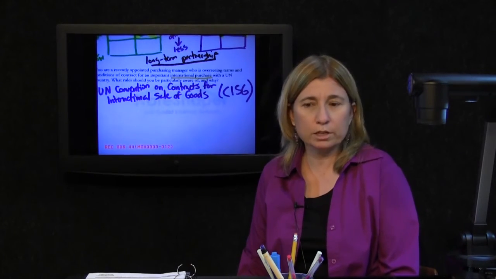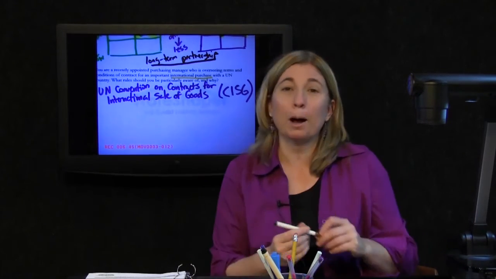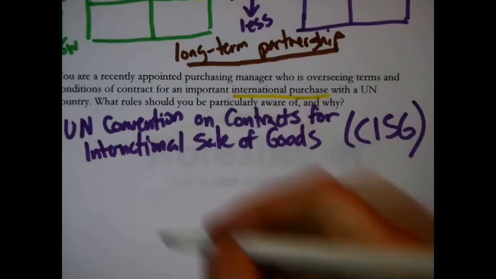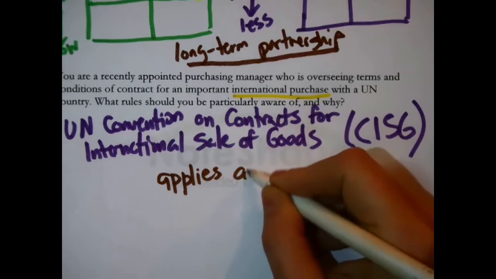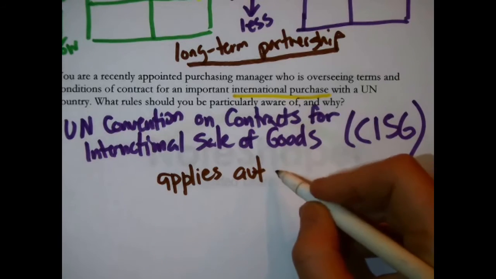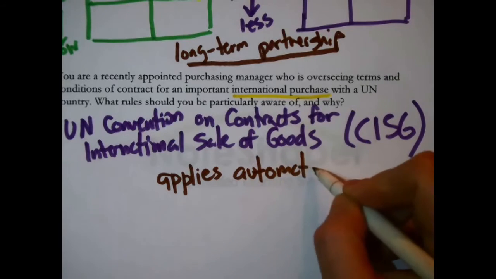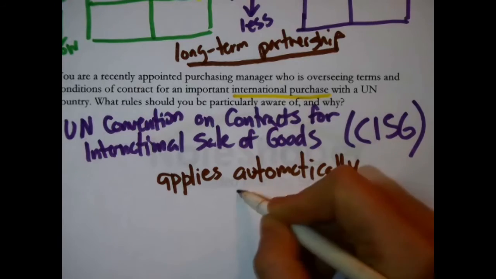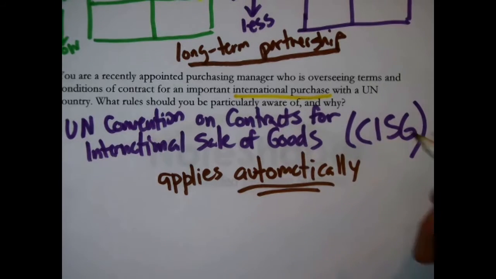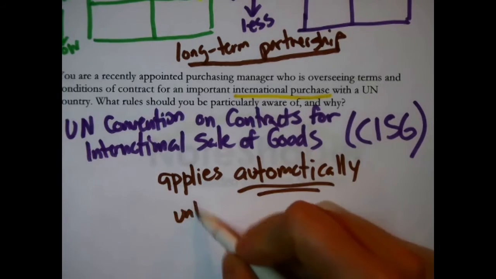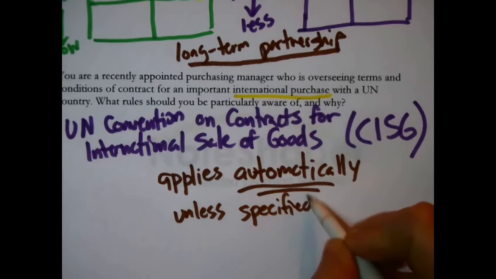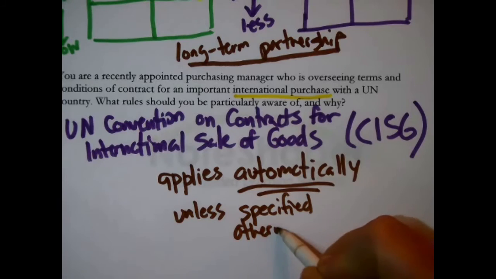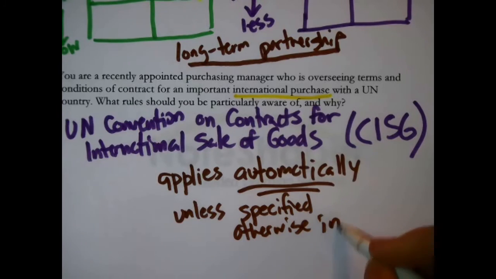Why should I be particularly aware of it? Because it applies automatically unless you say otherwise in your contract. That's the big reason why. Applies automatically unless specified otherwise in contract.